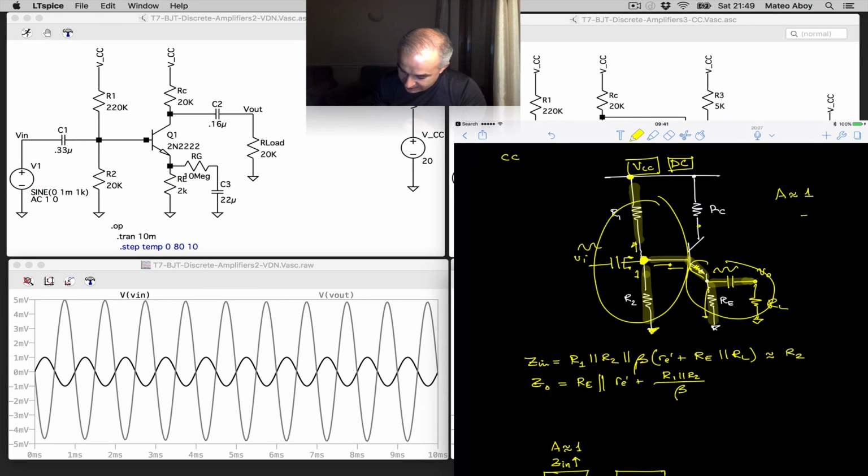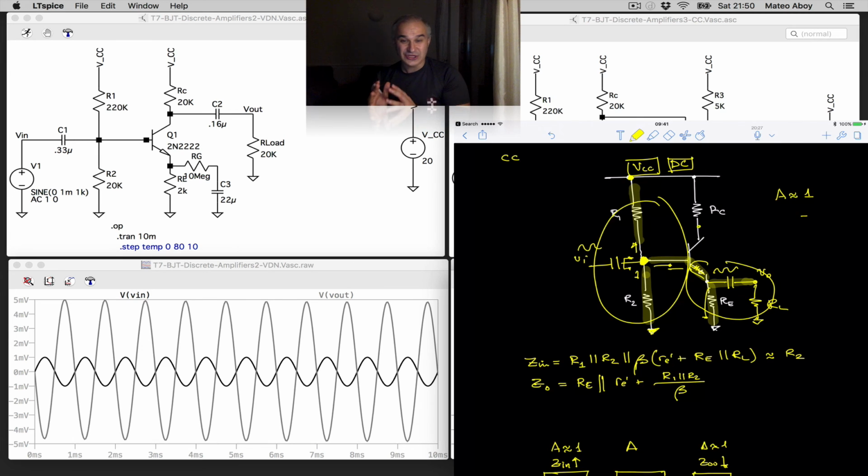Then we will have our gain stage, the common emitter, with the gain that we want, but moderate input impedance and high output impedance, that is something that we don't want. And then the output stage, which will be another common collector or emitter follower, with a gain approximately equal to 1, and the output impedance as low as possible. This will be our output, and that will be a 3-stage discrete amplifier.